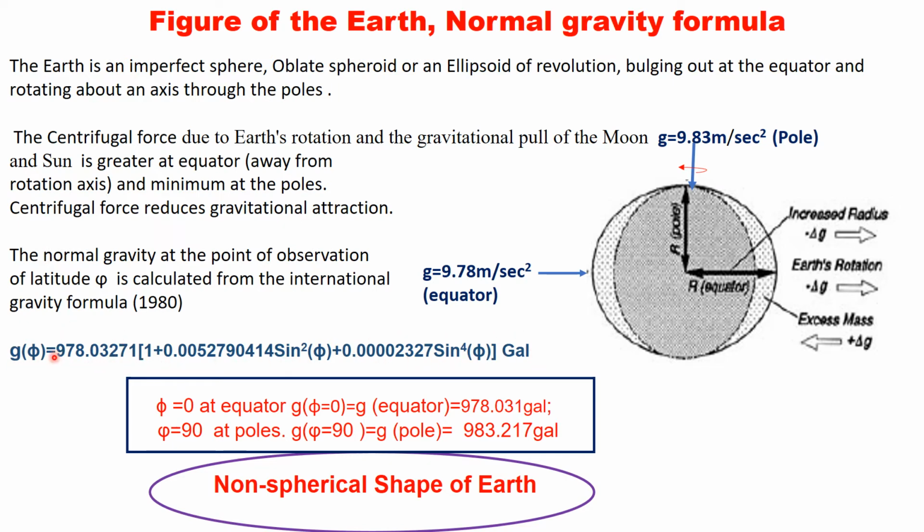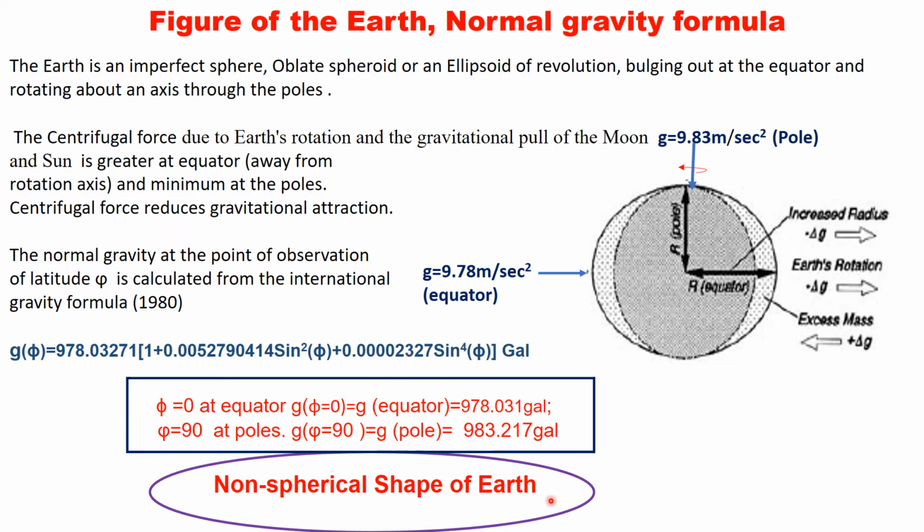That means there is a value at the ellipsoid, the equatorial value, and a formula with sine square phi, sine to the power 4 phi, with coefficients a and b. For the equator, that angle is 0, and the gravity value is less, and at the poles the angle is 90 degrees, and that value is 983.